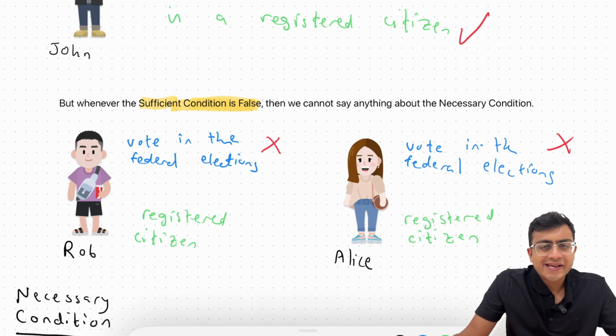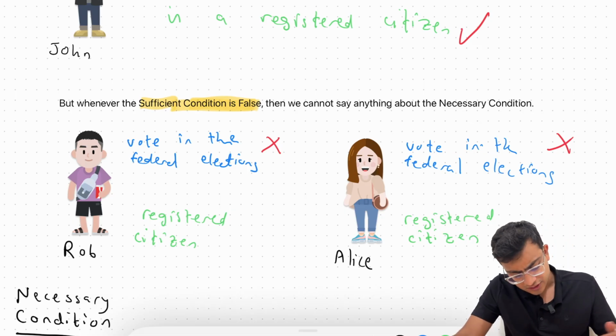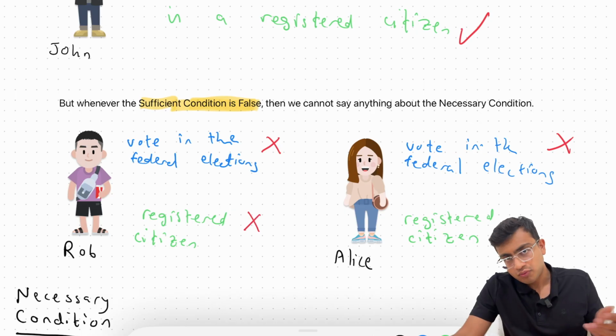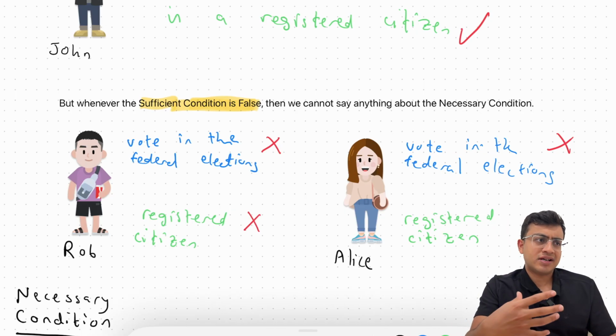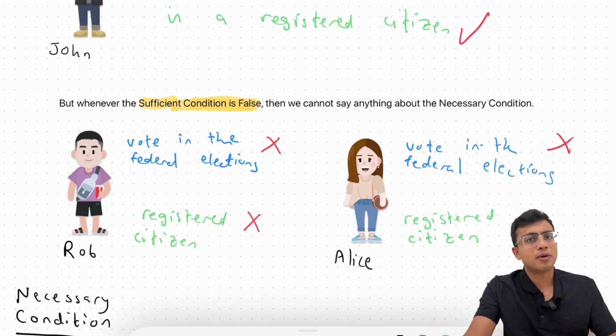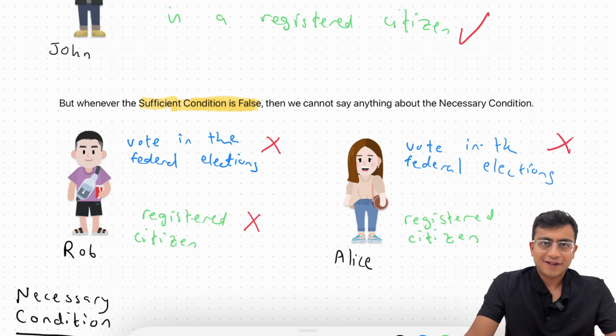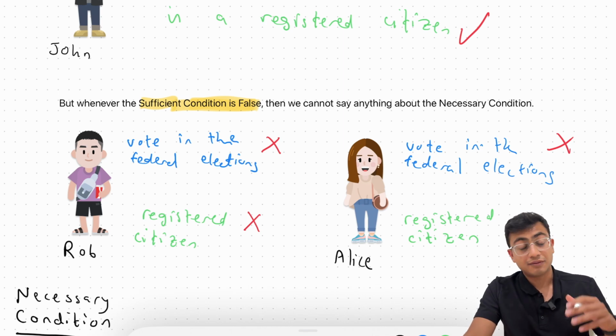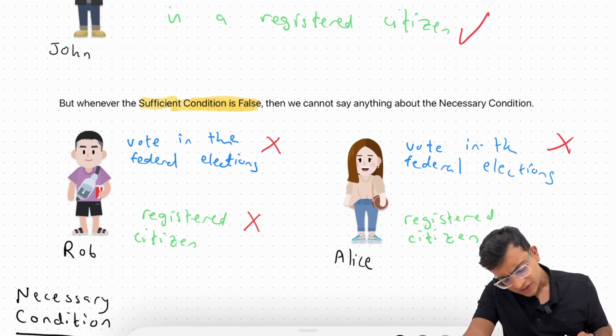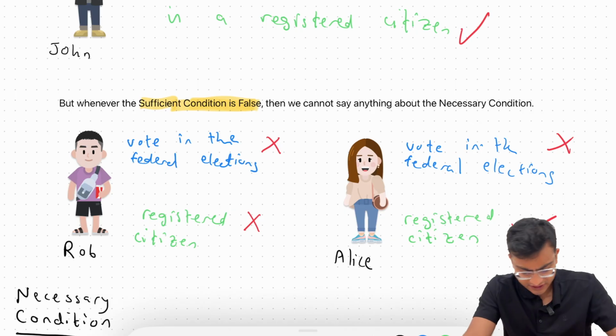Rob is an international student, so obviously he's not a registered citizen, and that's why he cannot vote. But Alice is a citizen who just chose not to vote. We all have friends like Alice. They may not be really good citizens, but they're citizens nonetheless. So in this case, she is a registered citizen.